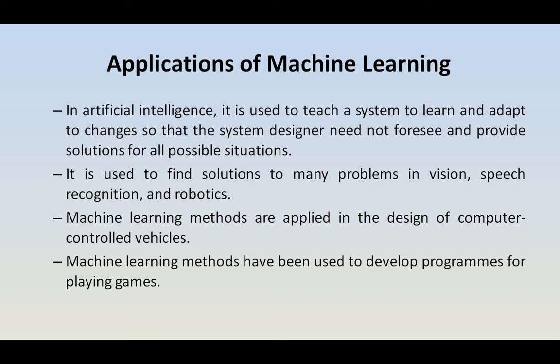We will see the various kinds of situations, how it behaves, and find solutions for many problems in computer vision, speech recognition, as well as robotics. This is also applied in the design of computer-controlled vehicles, some artificial intelligence vehicles. It is also used for playing games, as excellent games can be developed with the help of artificial intelligence.